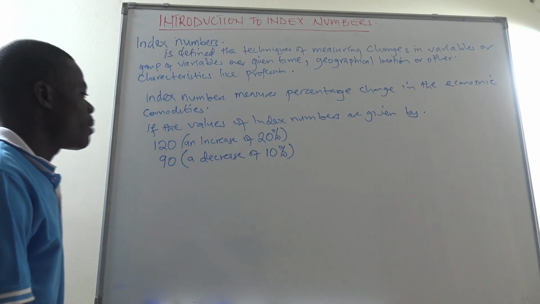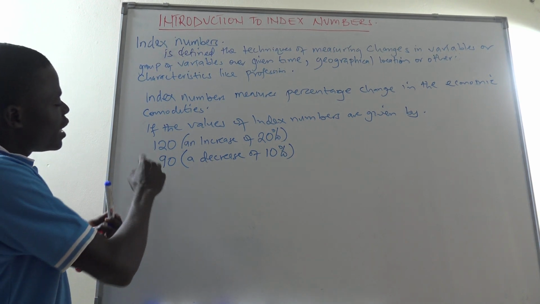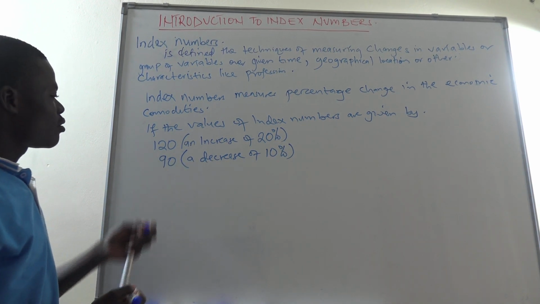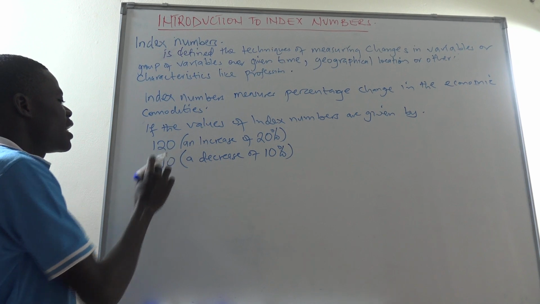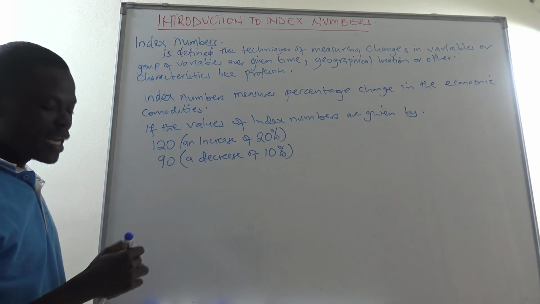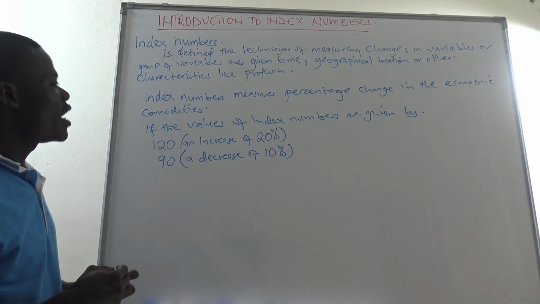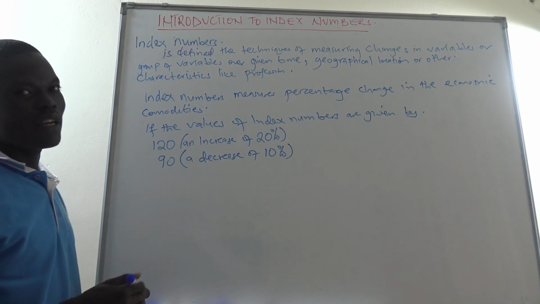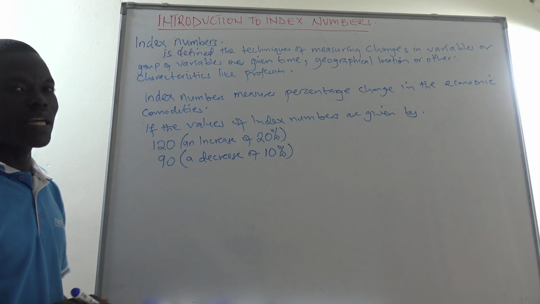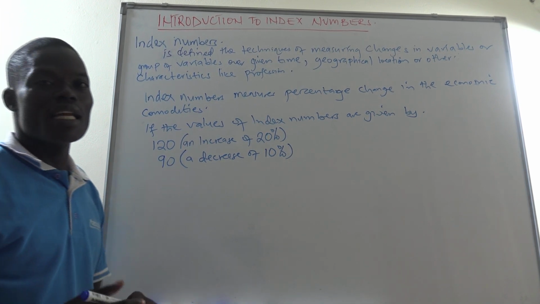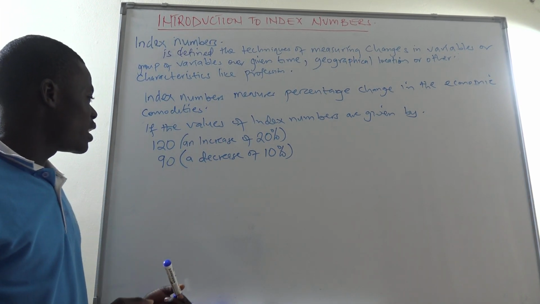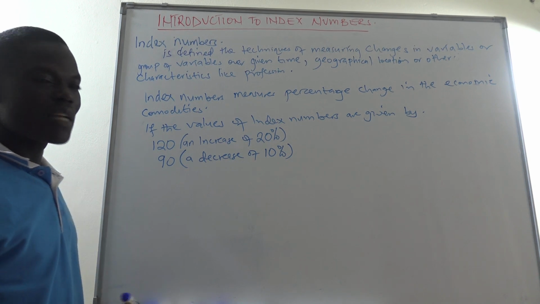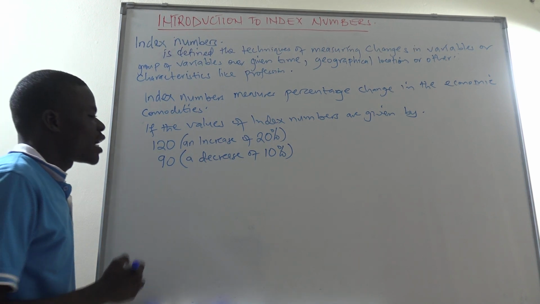So if you are calculating the price of a given commodity and you find out it is 90, then this means that there has been a decrease by 10% in the price of the commodity you are calculating.